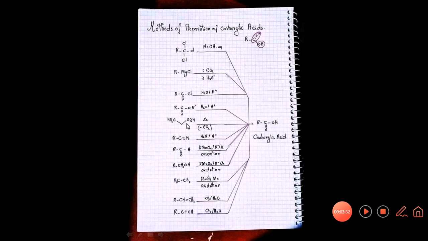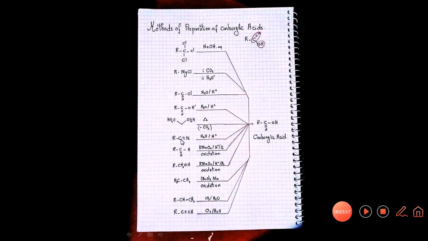When you have a dicarboxylic acid, that is a group with two carboxylic acid functional groups, and you heat it, you tend to decarboxylate it. So this reaction is a decarboxylation reaction whereby heating of a dicarboxylic acid releases a carbon dioxide and gives off a carboxylic acid.